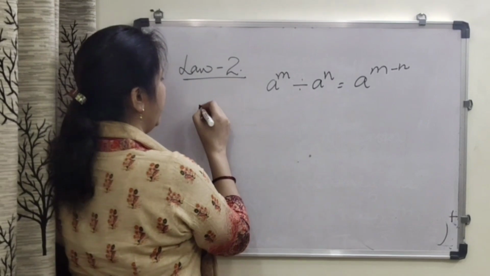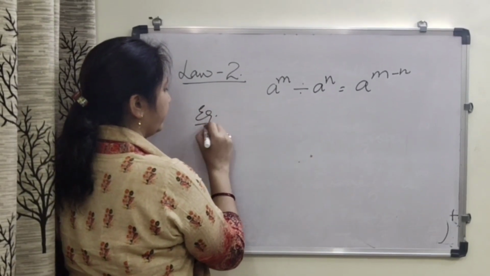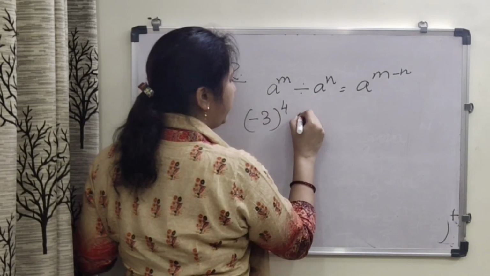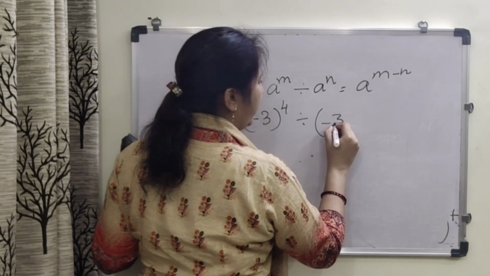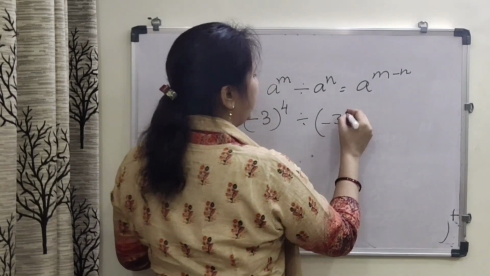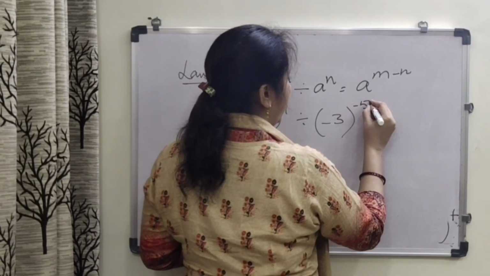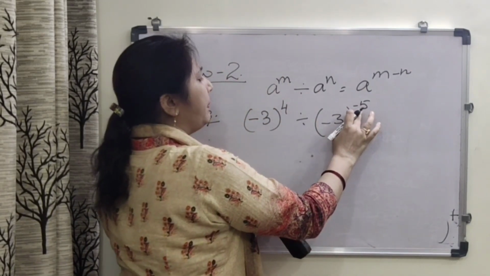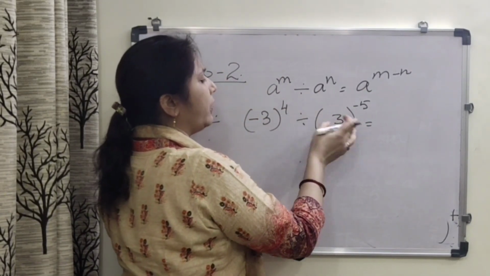For example, minus 3 to the power 4 divided by minus 3 to the power minus 5. See children, you should not bother about whether plus or minus is there, whatever it is.